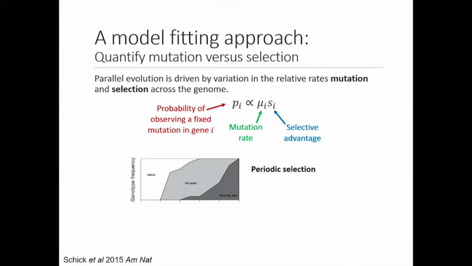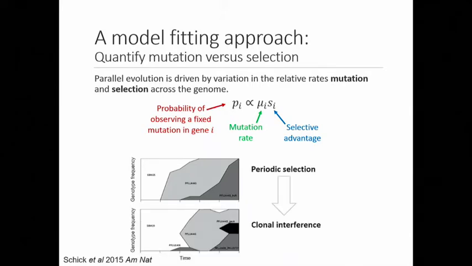A lot of times, however, in evolution experiments, and likely in natural populations of asexually reproducing organisms, we see clonal interference. What I've talked about previously: we have some mutation arise, another mutation then might arise in the ancestral background, and then we have competition between those two different mutations.